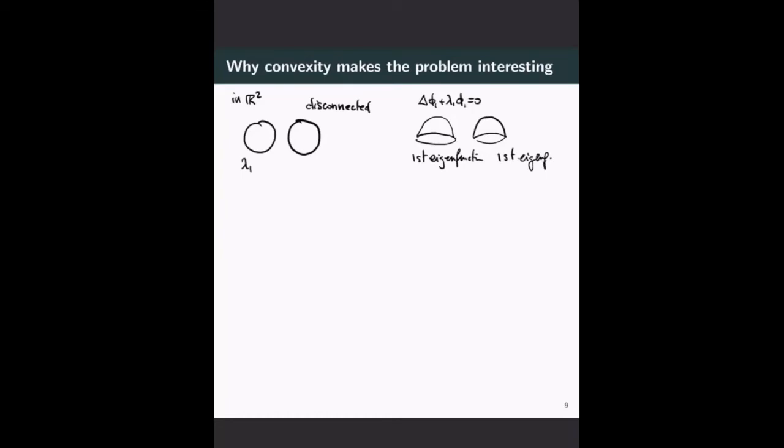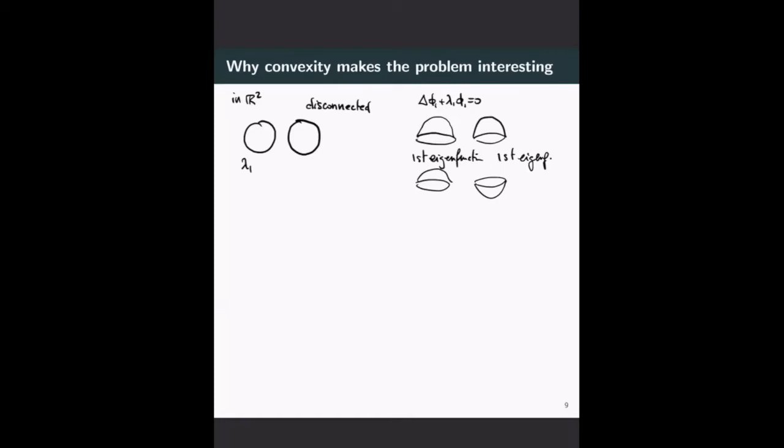The second eigenfunction, well, I can say, hey, it can be this guy, and here it's this. What do I mean by second eigenfunction? It's disconnected, so I can flip one side or not. But bear with me for a second.